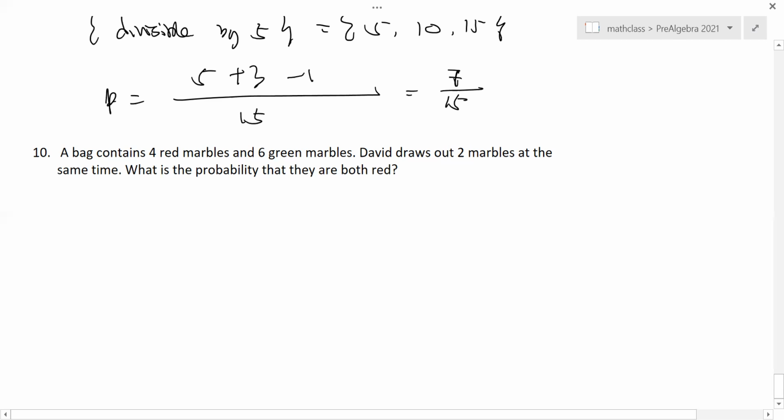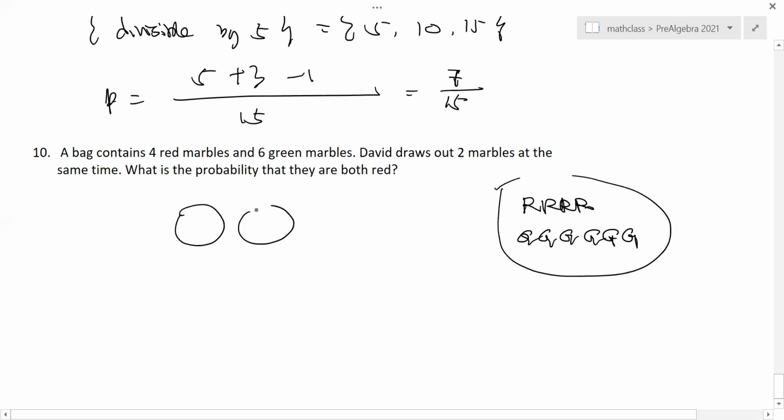I got 2 different answers. One of them is correct, and one is wrong. The 4 red marbles and the 6 green marbles are in the bag.